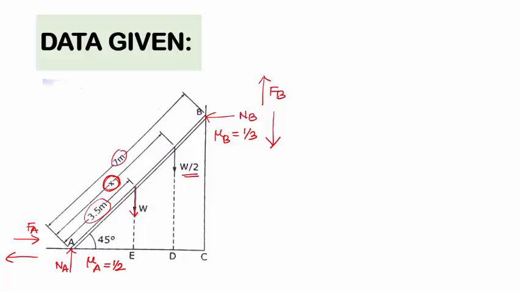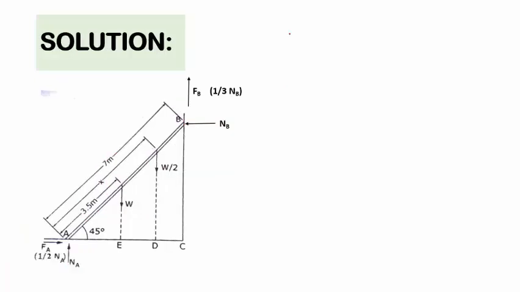When the ladder is about to slide for the subjected loading condition, the state of motion of the ladder is known to be impending motion. Up to that instant, the ladder will be in equilibrium condition. So we can solve this problem by applying equilibrium conditions. First, considering all the horizontal forces acting on the ladder, the first equilibrium condition is summation of all the horizontal forces acting on the ladder is 0. Here, this force FA is acting on the ladder in the positive x-axis direction, so plus FA.